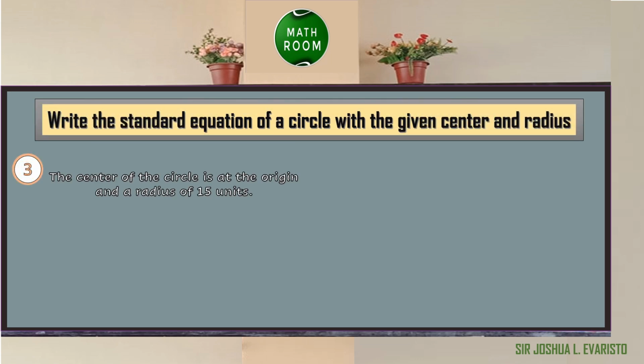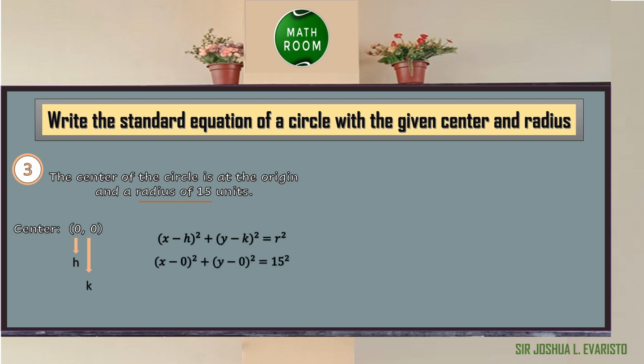The center of the circle is at the origin and the radius of 15 units. Since the center is at the origin, so we have 0, 0, wherein the h is 0 and the k is also 0. Also, we have a radius of 15 units. Writing the standard form of the circle and substitute the given values.